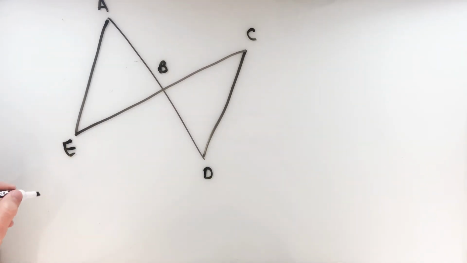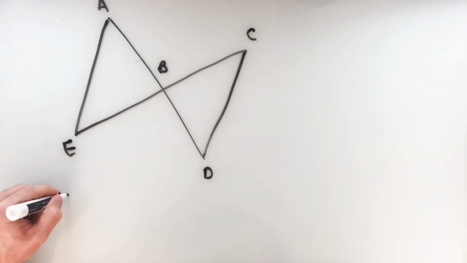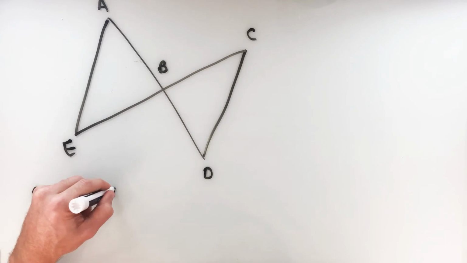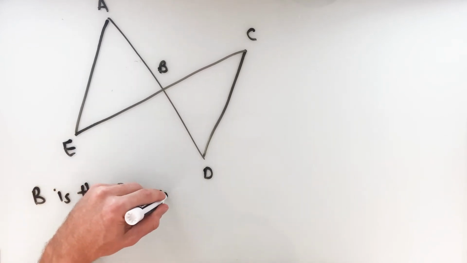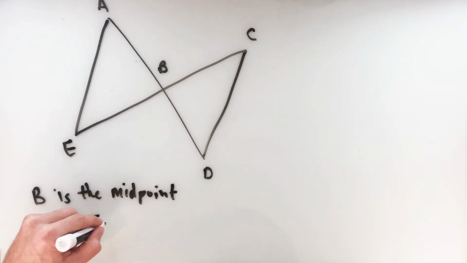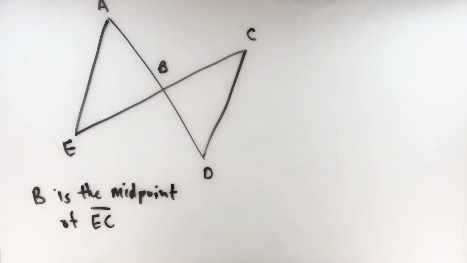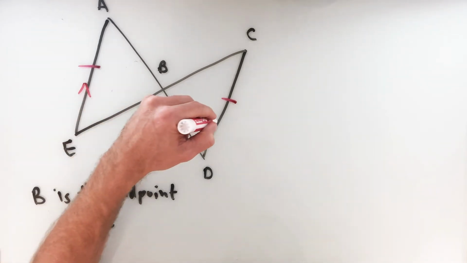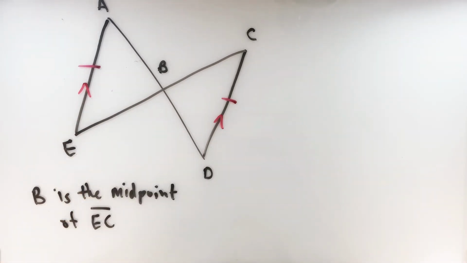I'm going to give you another statement down here. You may have seen this one before. We're going to say B is the midpoint of segment EC. I'll give you some other small pieces of information here in the picture. So I'm going to give you some segments and some arrows there.